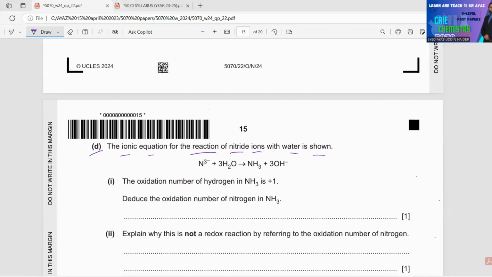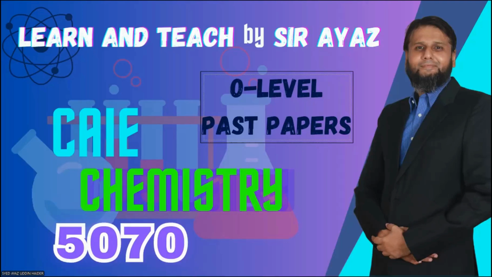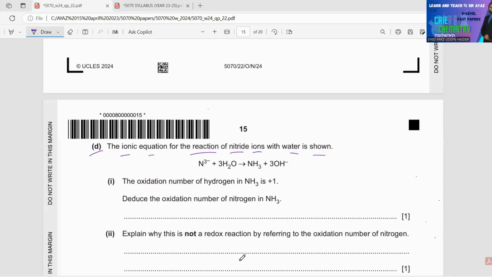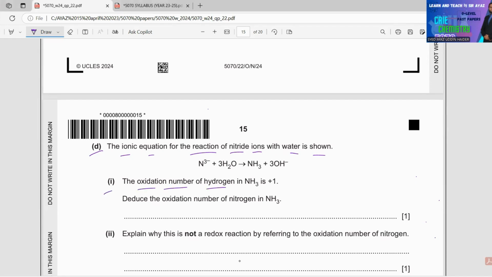Here is the reaction: N3- plus 3H2O gives NH3 plus 3OH-. Number 1, the oxidation number of hydrogen in NH3 is plus 1. The oxidation number of nitrogen in NH3.